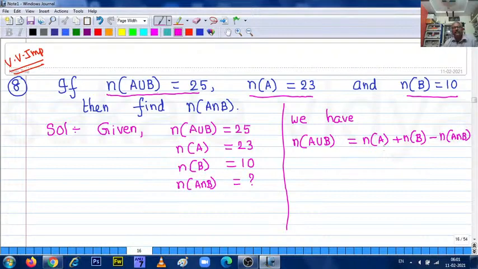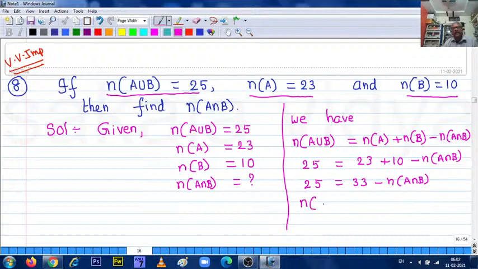So let us substitute. n of A union B is 25, equals 23 plus 10 minus n of A intersection B. Next step, 25 equals 33 minus n of A intersection B. We need n of A intersection B. Bring minus n of A intersection B to the left-hand side, and 25 to the right side.